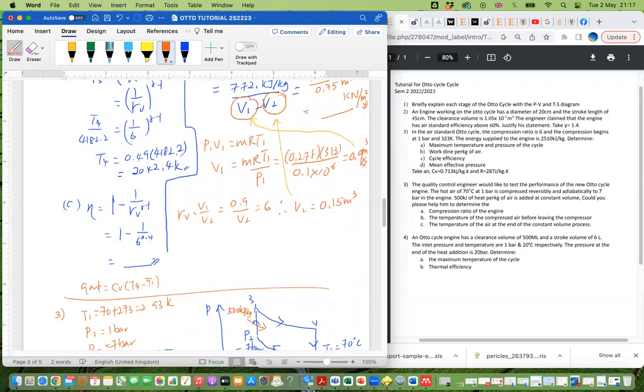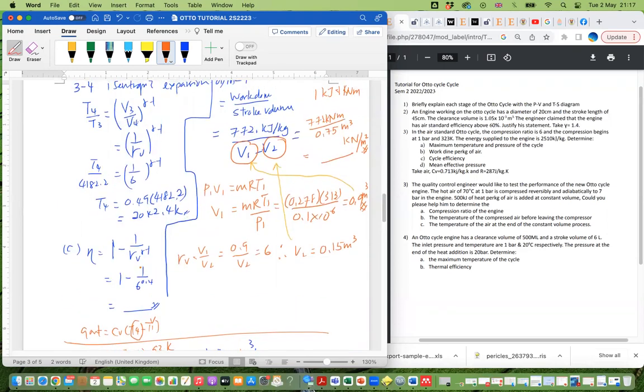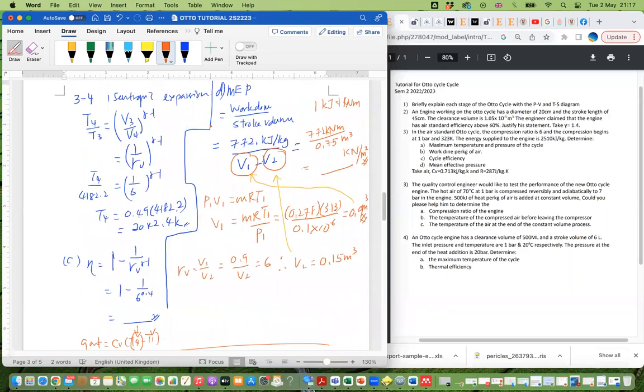Since we have T1 but we don't have T4, we need to find T4. Just now, from the equation, we found T4, so we plug it in and we're able to find the Q out.